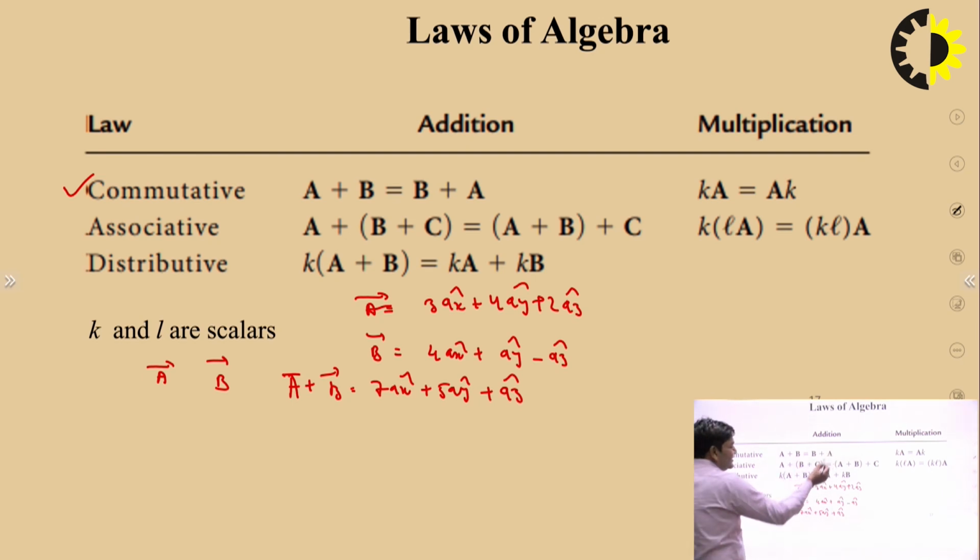But on the RHS, if we take b plus a, where vector b is 4 and vector a is 3, the same answer occurs.